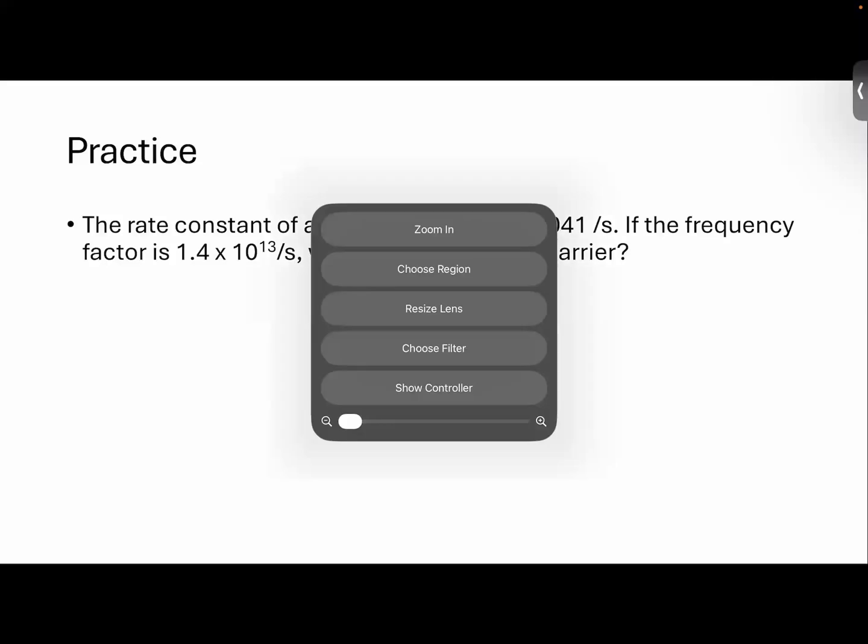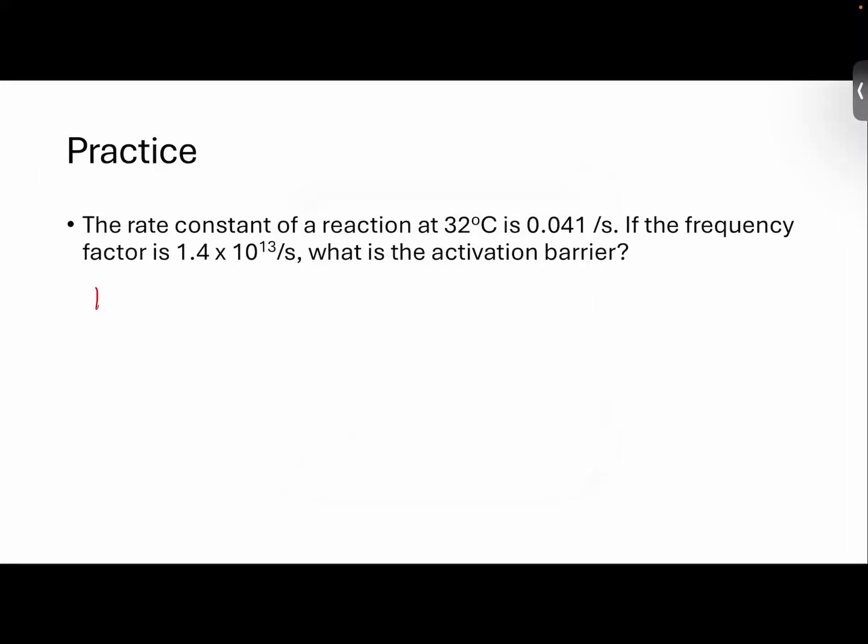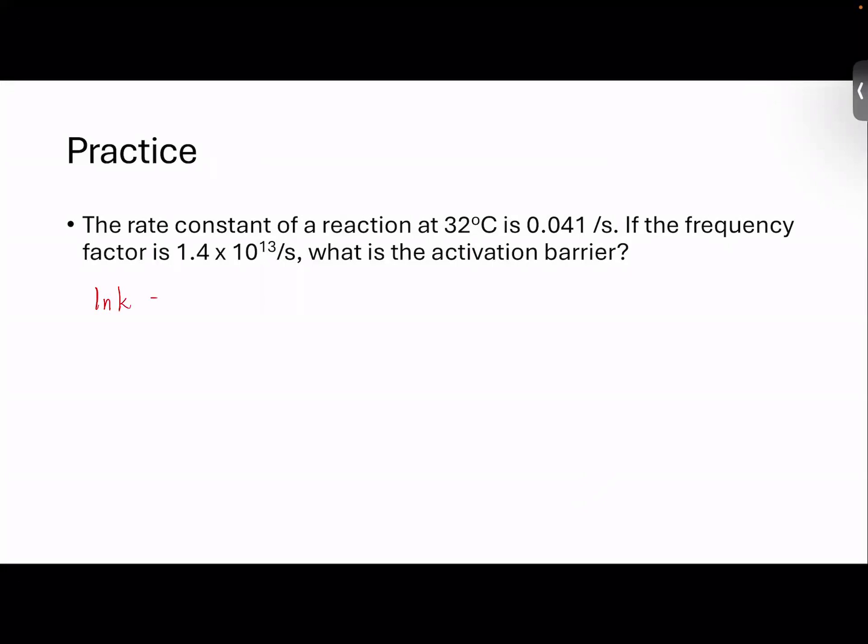So we know that the natural log of k is equal to a negative E sub A over R times 1 over T plus the natural log of A. That's the equation, and yes, you'll get this equation on the exam.